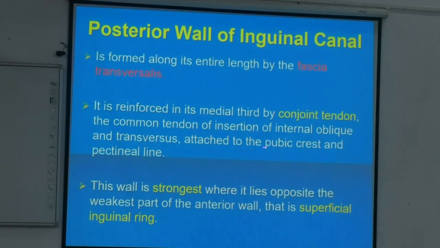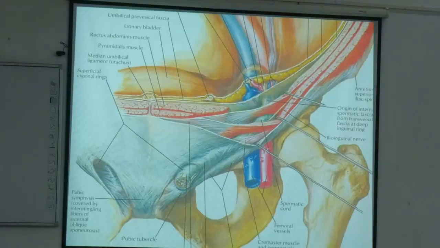The common tendon of insertion of internal oblique and transversus abdominis attached to the pubic crest and pectineal line. Okay, these two muscles, internal oblique and transversus abdominis, forming the conjoint tendon. And this wall is strongest where it lies opposite the weakest part of the anterior wall, and that is superficial inguinal ring. Okay.